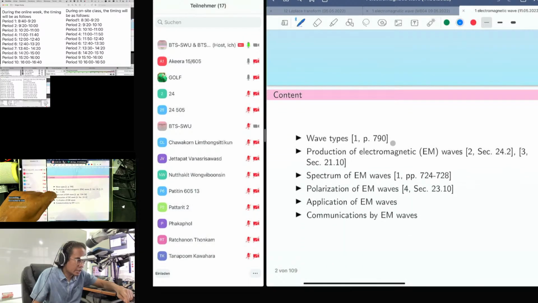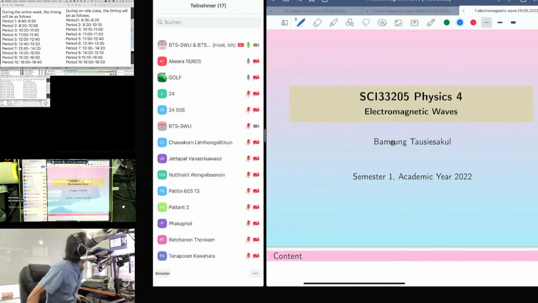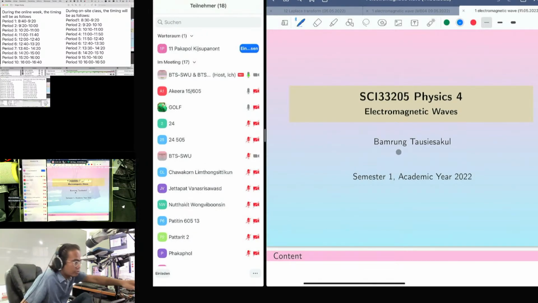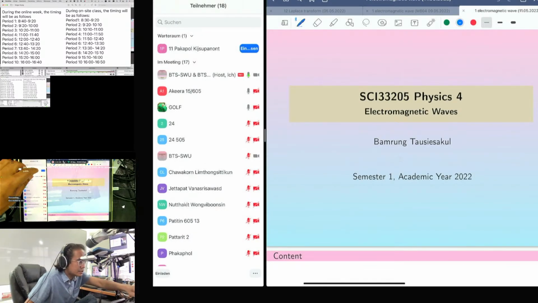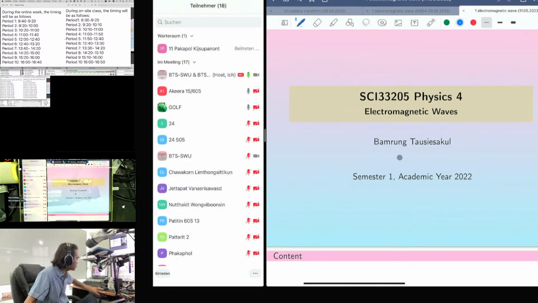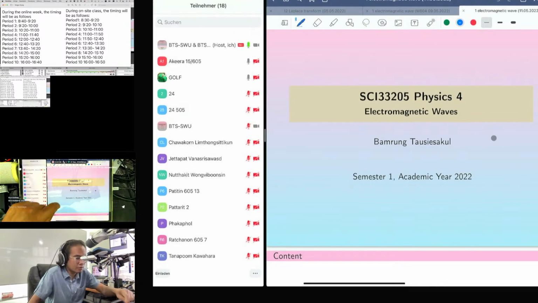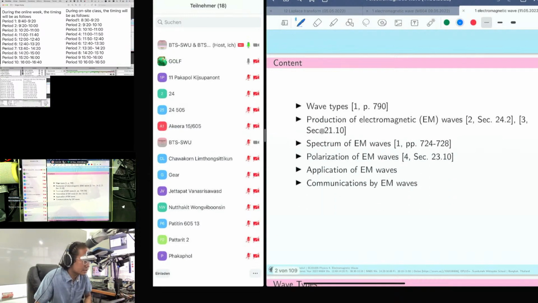Okay, this is the first chapter, and the title of this chapter is Electromagnetic Waves. There are several topics in this chapter. The first one is wave types, how we classify many waves in nature into different categories.